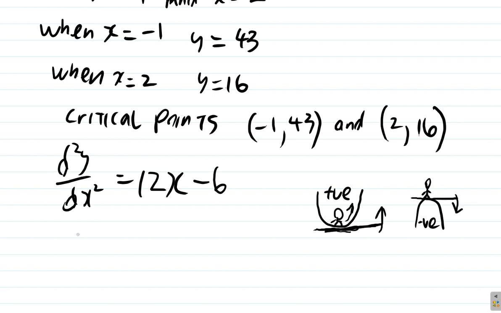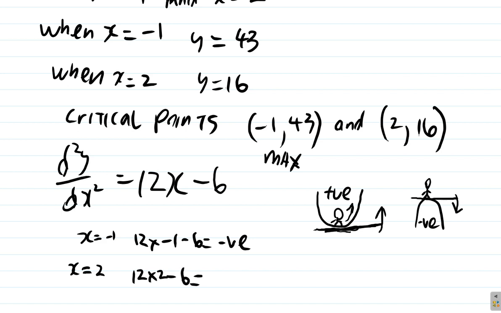Now, when x is equal to negative 1, 12 by negative 1 minus 6. You can see it's going to be a negative value. So this point, being negative, is a maximum point. The (-1, 43) is a maximum point. And at x equal to 2, you have 12 by 2 minus 6. 12 2s are 24, 24 minus 6 is positive.